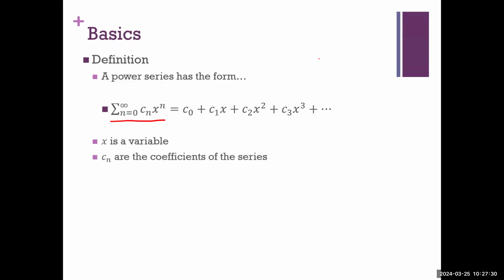What are C sub N? Basically, C sub N is like a sequence unto itself. It's a list of the coefficients of all these terms in this series. So even though X technically is a variable, we're going to fix it and figure out where it converges, where it diverges.